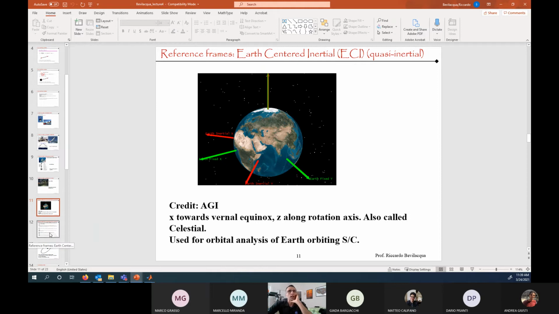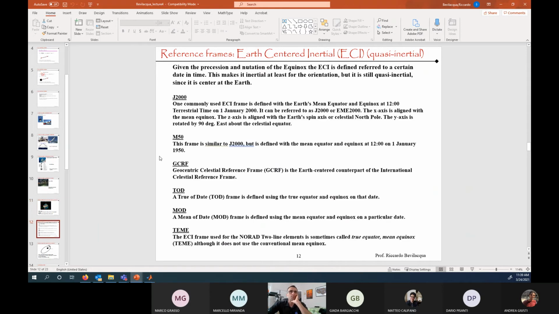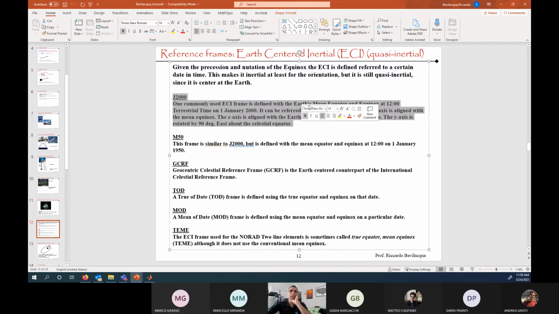By the way, I think we're still using the J2000 ECI, which means that the Earth's mean equator and equinox were frozen at 12 on the 1st of January of 2000.